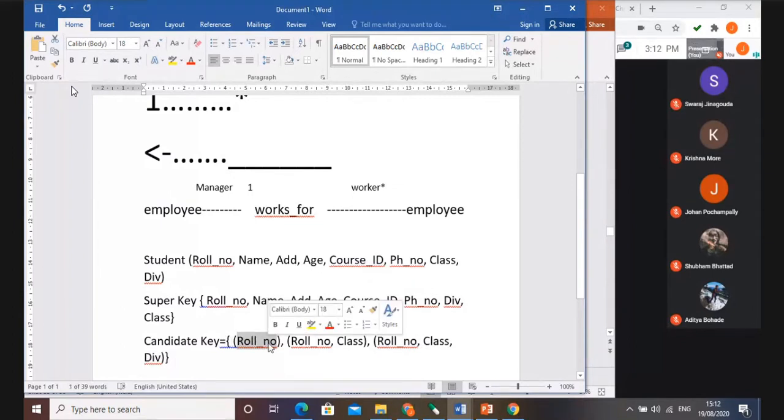So right now, these three sets are my candidates to become a primary key, and that's why they are called candidate keys. Okay, is it clear to all of you why I have taken these as candidate keys?